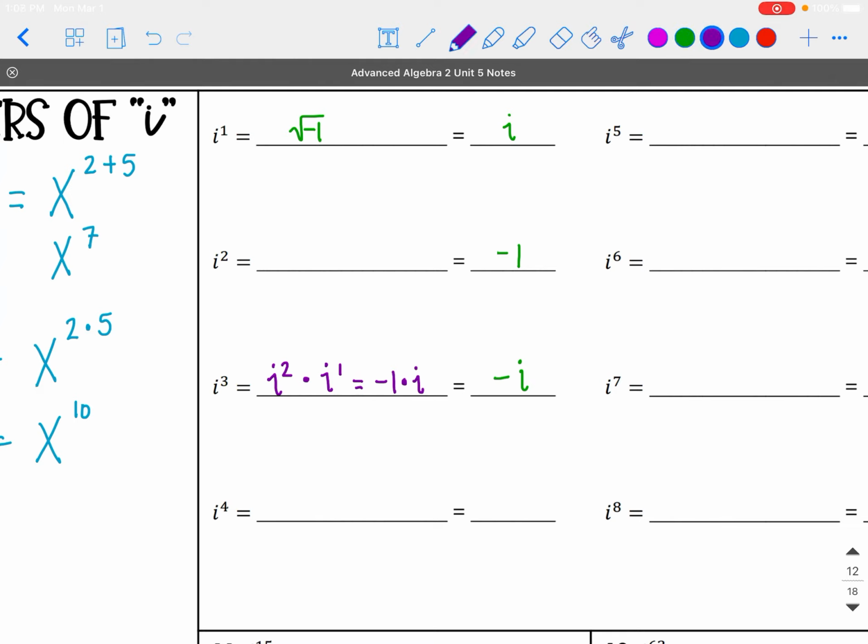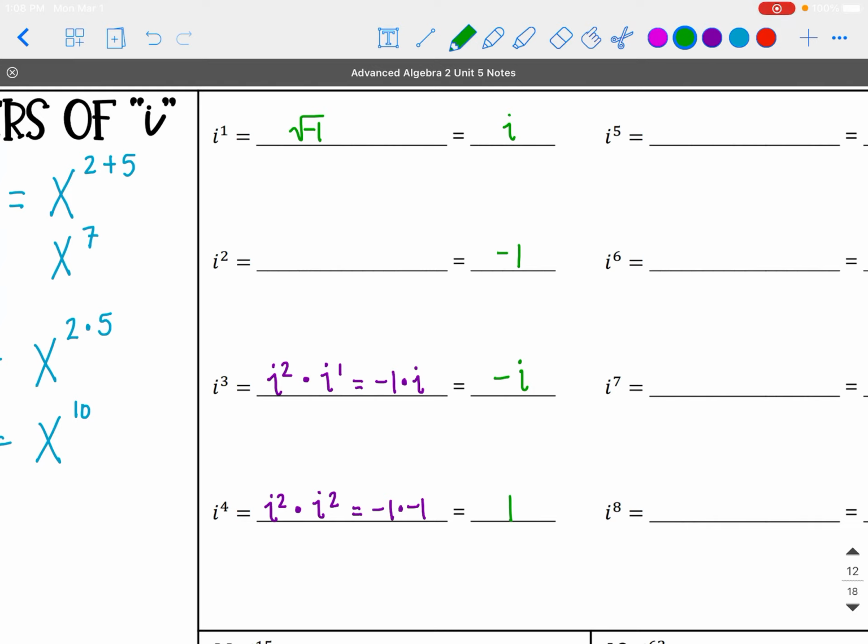i to the fourth, that would be i squared times i squared. i squared times i squared is i to the fourth, 2 plus 2 is 4. And i squared is negative 1. So negative 1 times negative 1 is positive 1. So i to the fourth is 1.